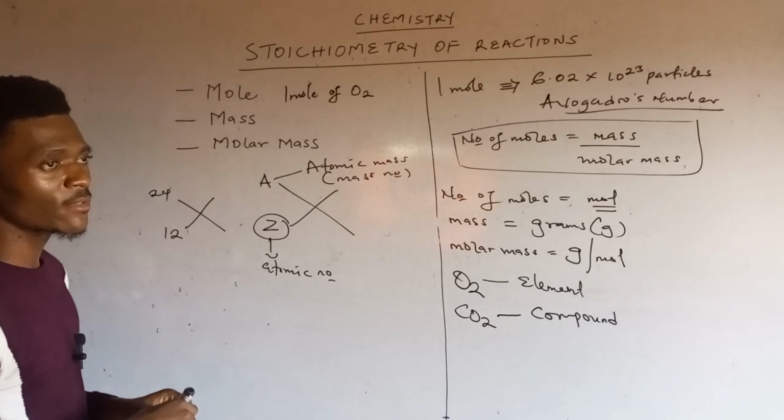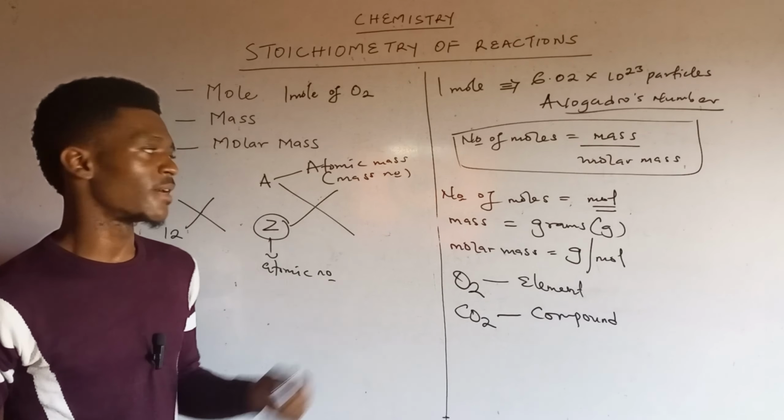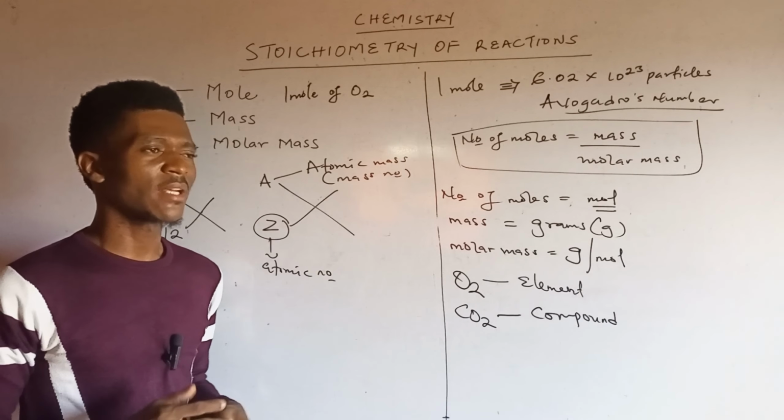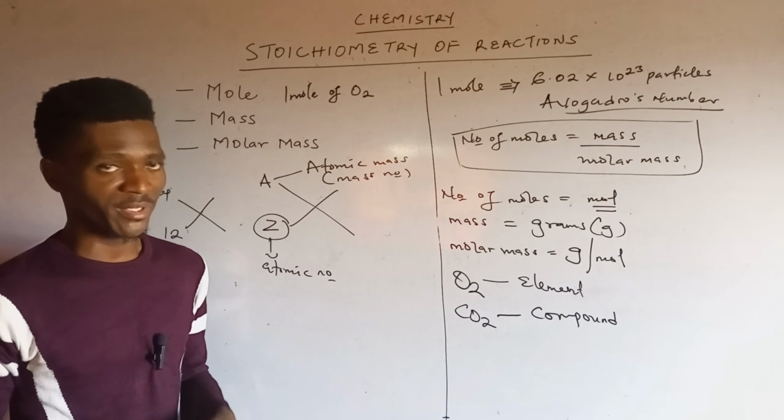Now listen, many students believe that another word that can be used in place of atomic mass is mass number. But that's not really appropriate in a way, though they are similar but not exactly the same.